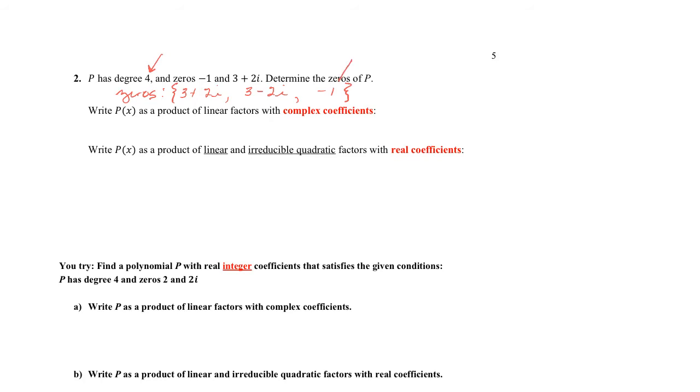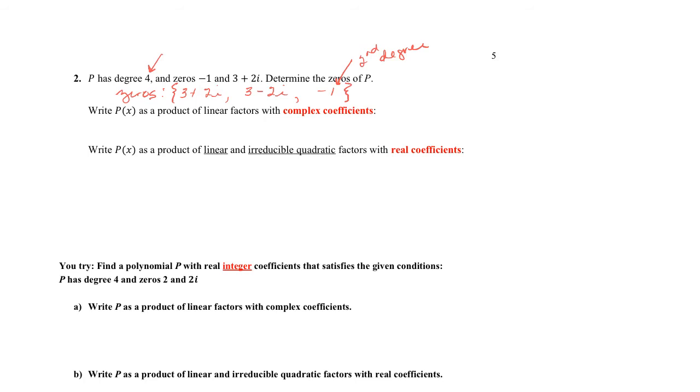Well, it has to be that the zero at -1 is the second degree, because if it was 3 plus 2i, say, that was to the second degree, then remember they come in pairs. That means 3 minus 2i would have to also be to the second degree. And at that point, I've got too many factors. So it can't be 3 plus 2i. It has to be that -1 is the one that's going to be to the second degree.